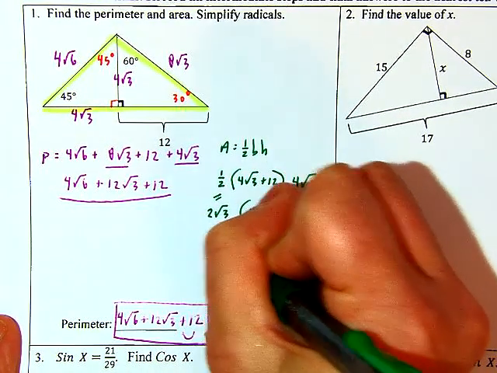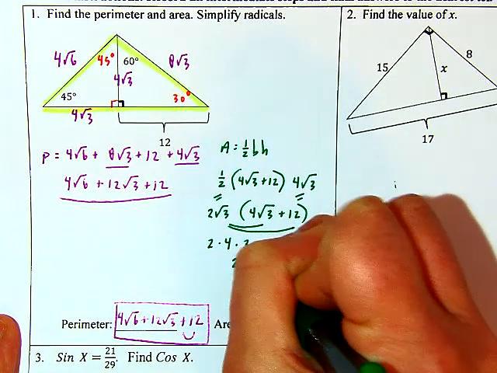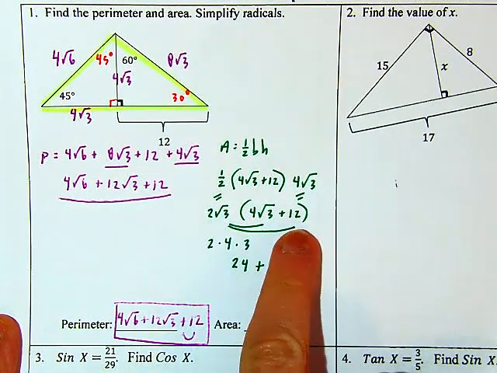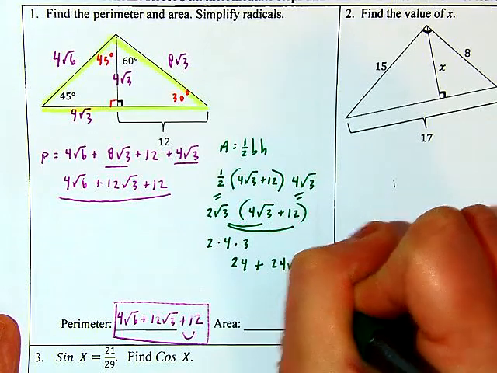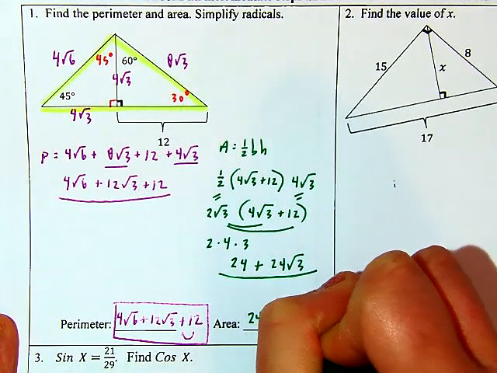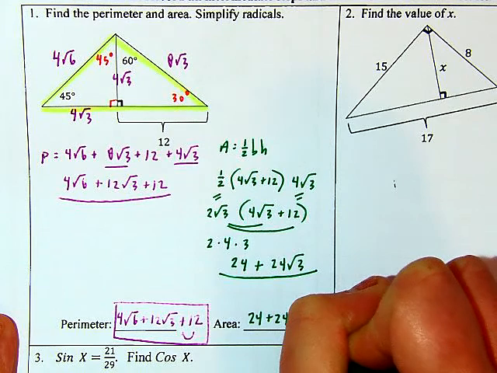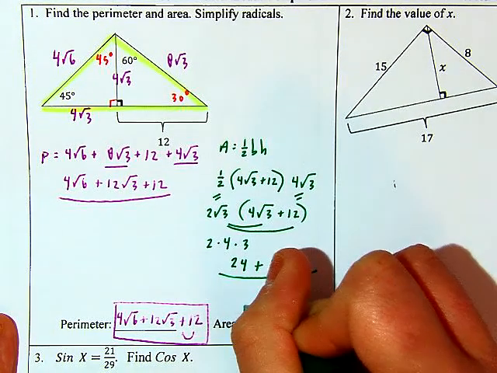That's like saying 2 times 4 times 3. That's 24. And then 2 root 3 times 12 is 24 root 3. So that's my area. Either order is fine. I'm going to write it as 24 plus 24 root 3, and my units are squared.